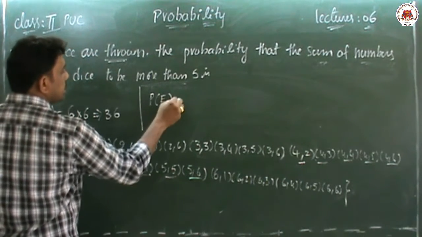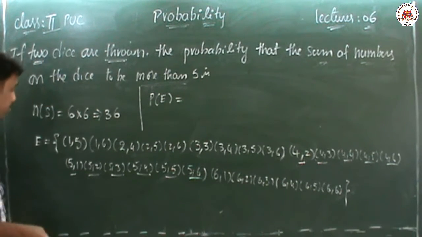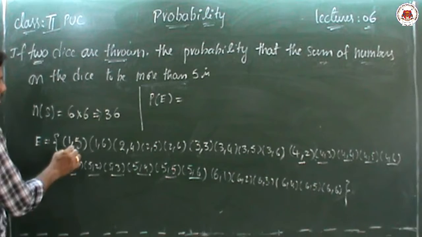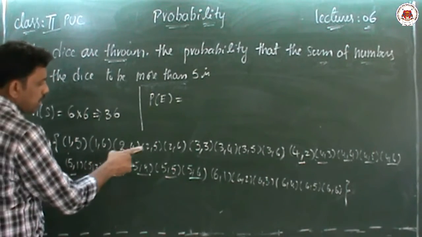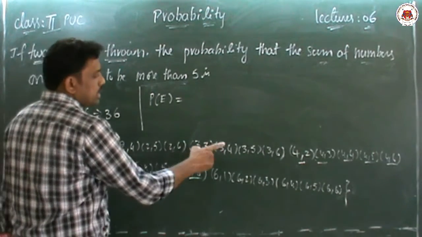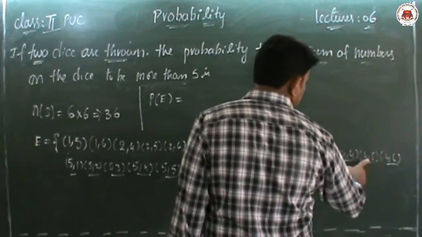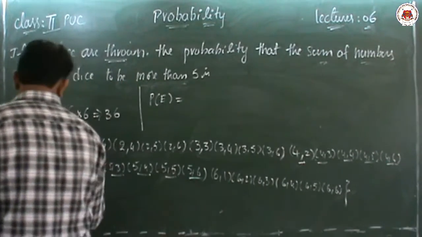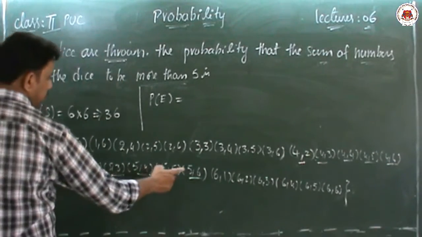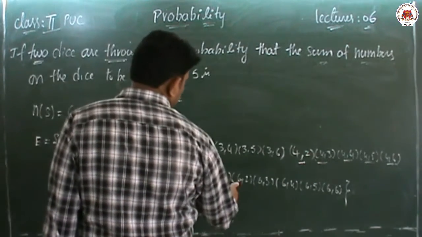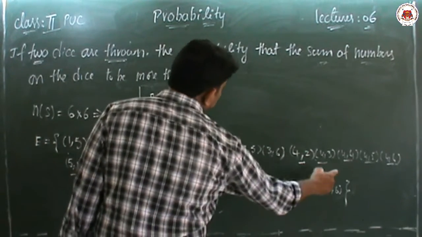Probability of event equals number of elements in E. How many elements? 1, 2, 3, 4, 5, 6, 7, 8, 9, 10, 11, 12, 13, 14, 15, 16, 17, 18, 19, 20, 21, 22, 23, 24, 25, 26.